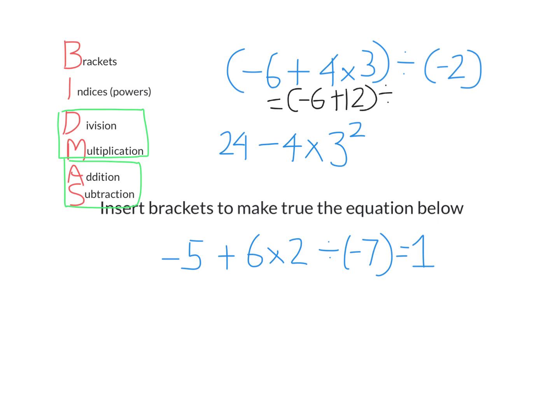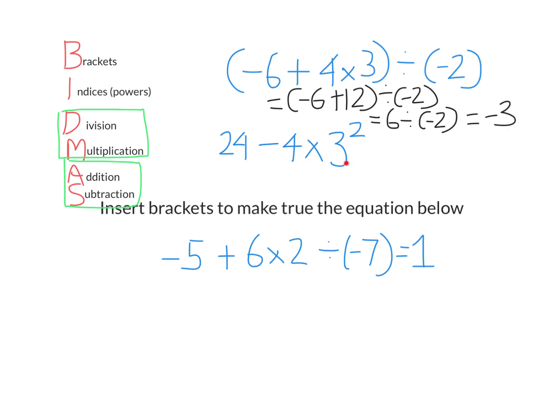And then I haven't done anything with this -2. All right, next thing I need to do is the addition because it's in the brackets. Yes, division is above addition. But I do the addition first here because it's inside the brackets. So -6 plus 12 gives us +6. So we have +6 divide -2, giving us an answer of -3.